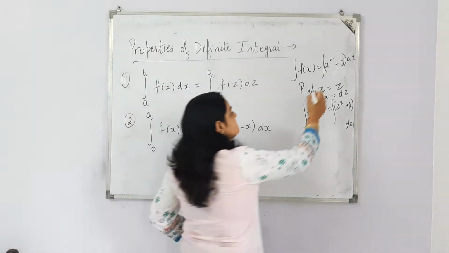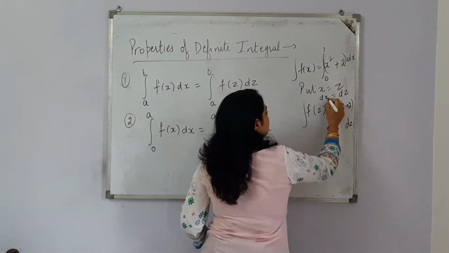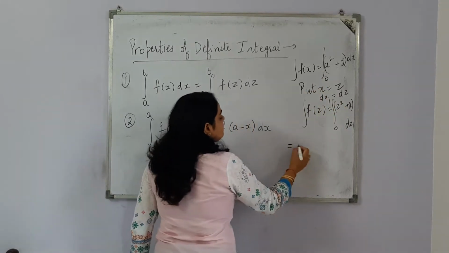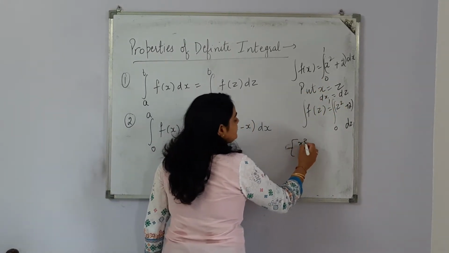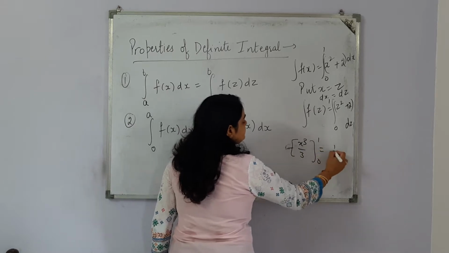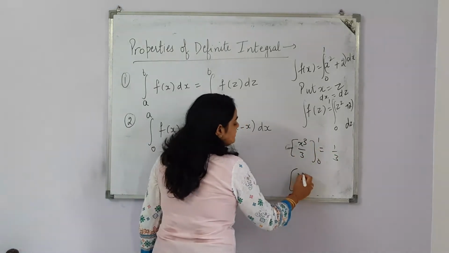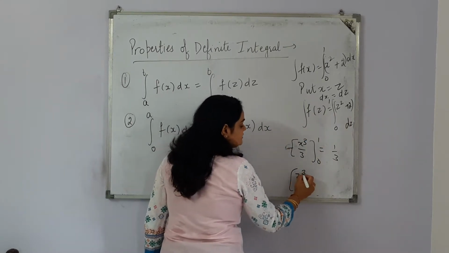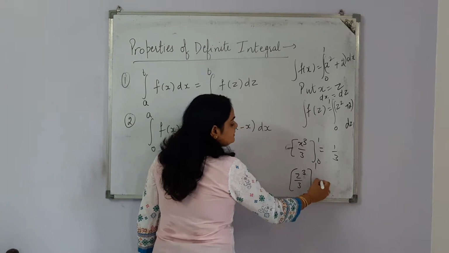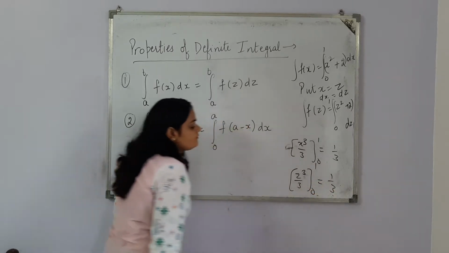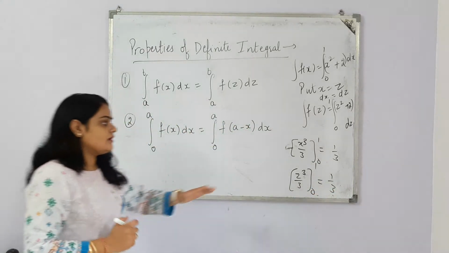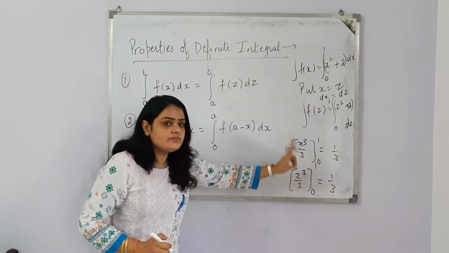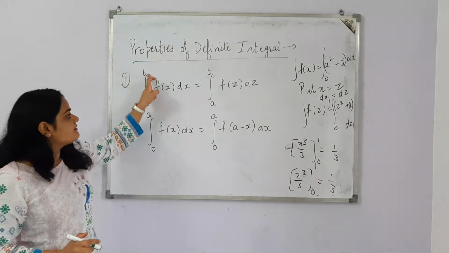If the limit is 0 to 1, and again 0 to 1, after substituting in x cube by 3 we get 1 by 3, and with z cube by 3 we again get 1 by 3. Variables were different, but the answer is the same just because the limits are the same.